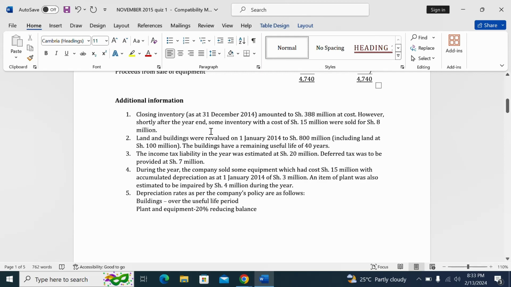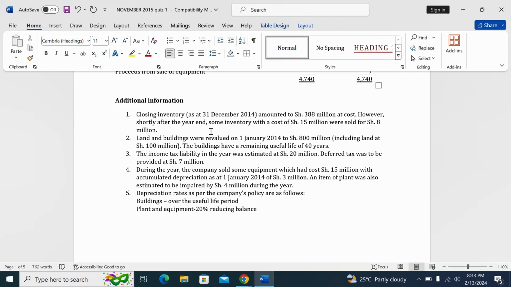This additional information number 1 is testing your understanding of International Accounting Standard 2, or what we call IAS 2, which states that inventory is always measured at the lower of cost or net realizable value. Therefore, you have to look at the cost and the net realizable value.